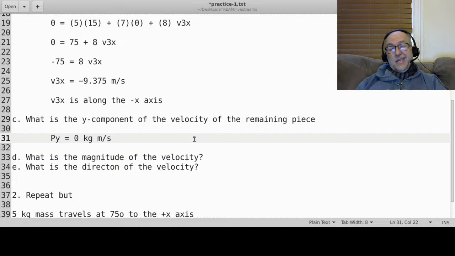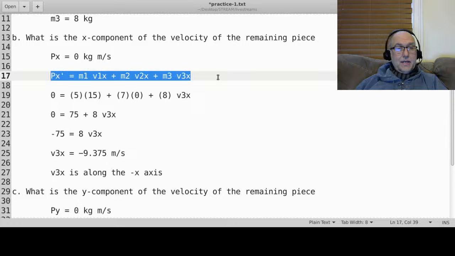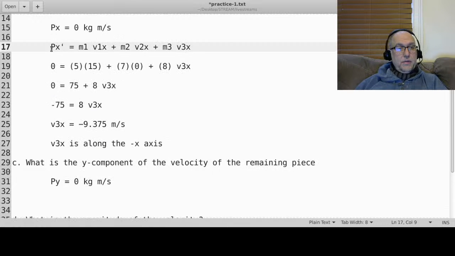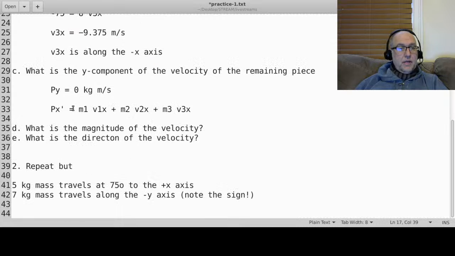And so it has neither an x nor a y component. So that means that the y component after the explosion, it's the exact same formula, but with y's in there, must also equal 0.